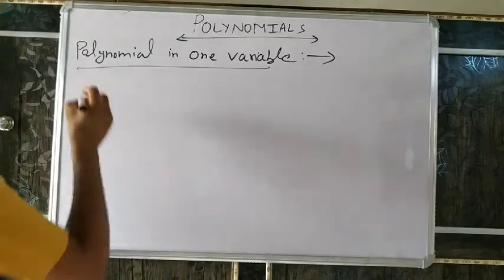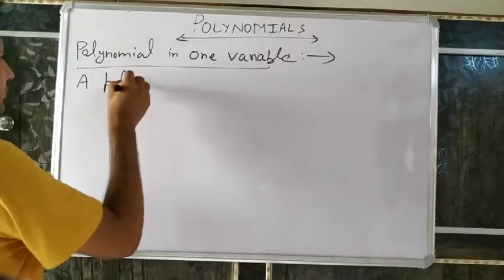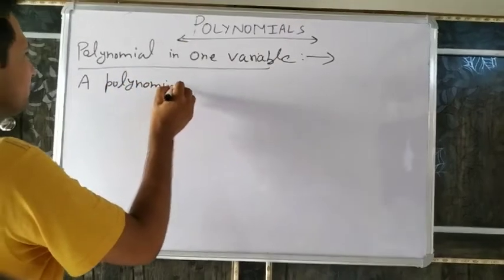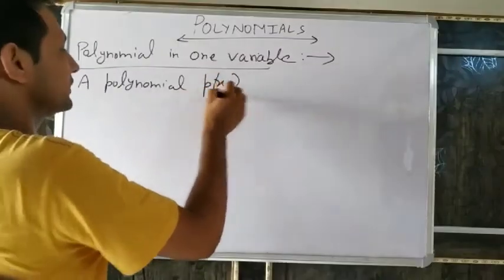So a polynomial p(x) in one variable. Only note down first, then I will explain it.